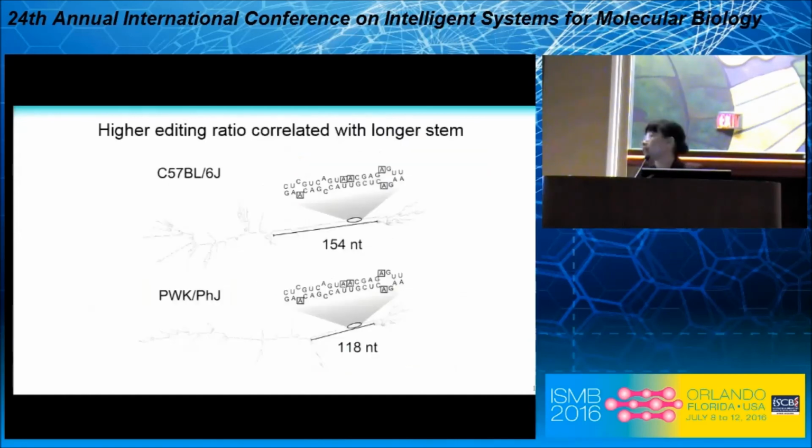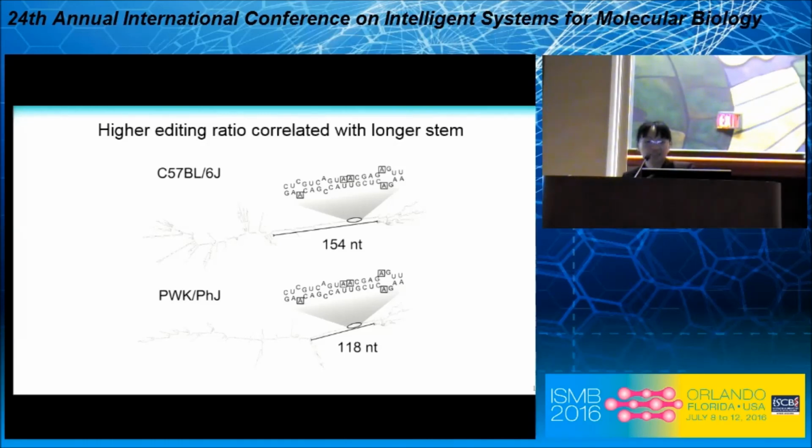So we tested the length of the arm and found that the PWK strain has a shorter arm. So it seems the longer the arm, the more efficient the A2I editing.